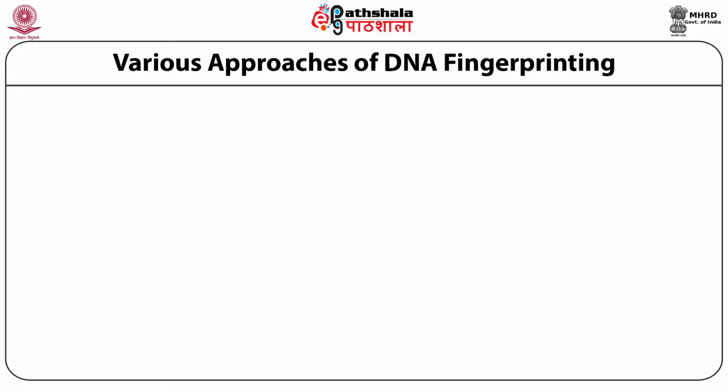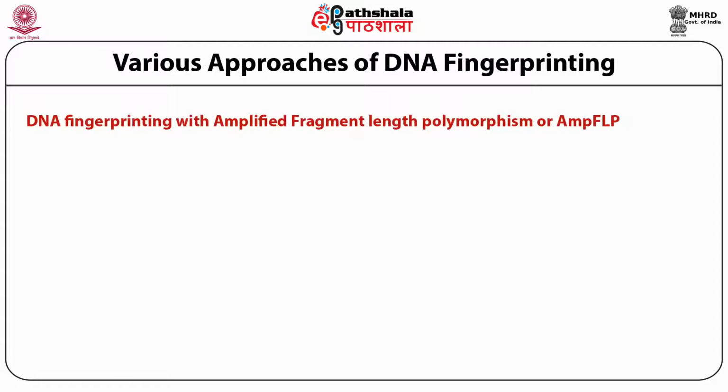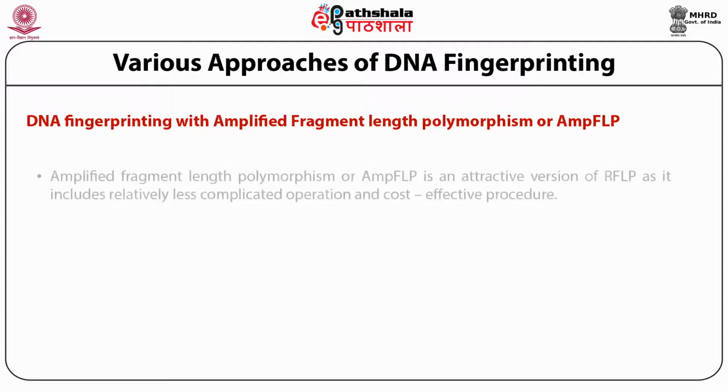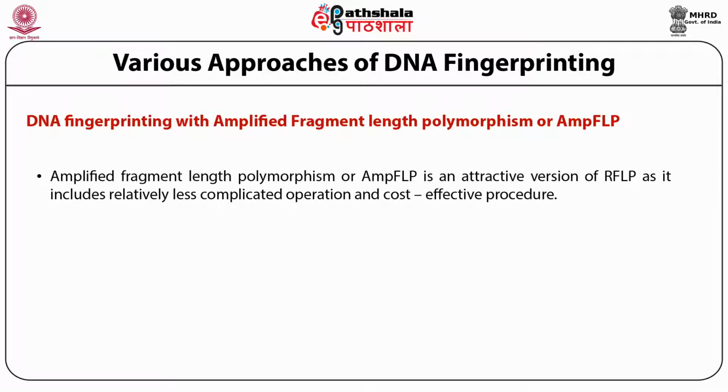Next, I'll be describing DNA fingerprinting with amplified fragment length polymorphism. Amplified fragment length polymorphism, or AMP-FLP, is an attractive version of RFLP as it includes a relatively less complicated operation and a cost-effective procedure.